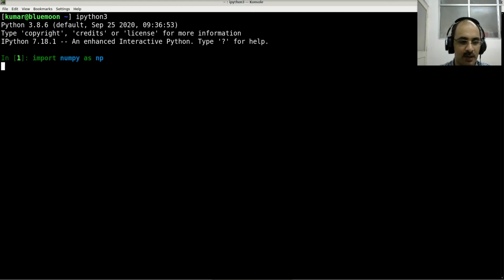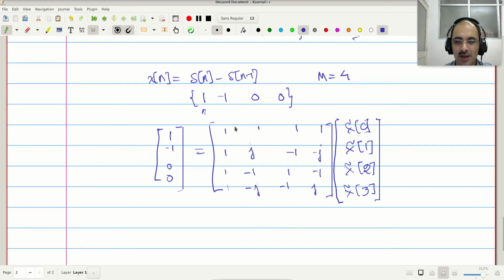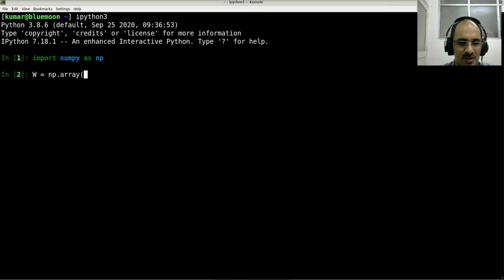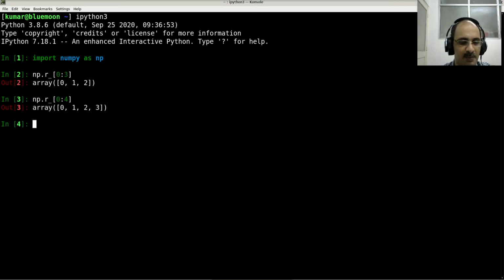Okay, so I'm going to import numpy, and here is what I'm going to do. So W is equal to np.array 1 1 1 1. Okay, this is actually too much to do. So instead, we just want e power j 2 pi k by n and want an outer product, right? So here is the way I'm going to do it. This is the numbers 1, 2, 3, 4.